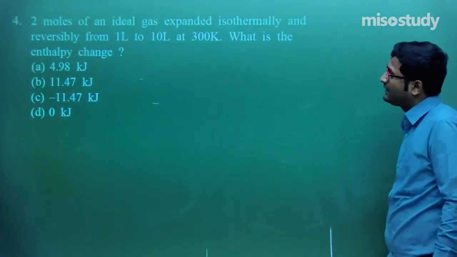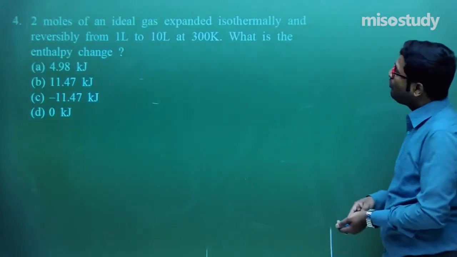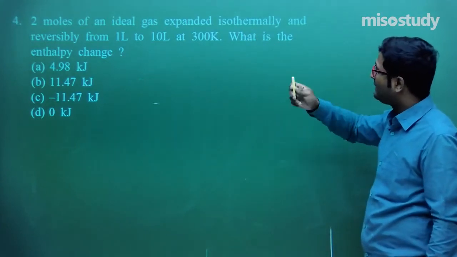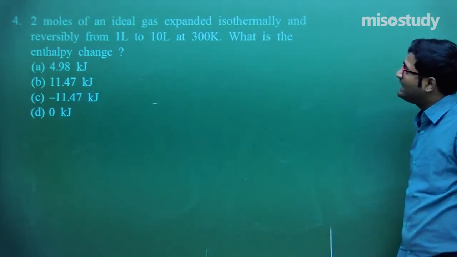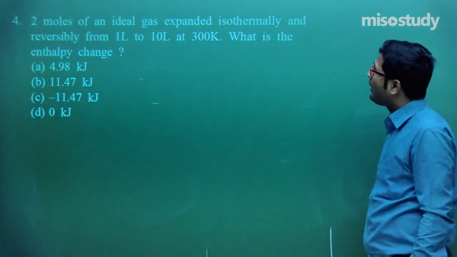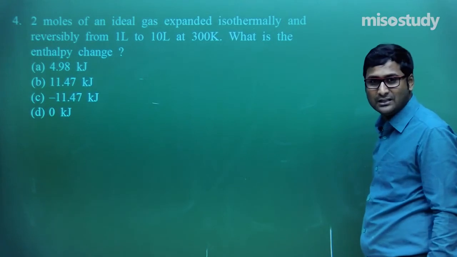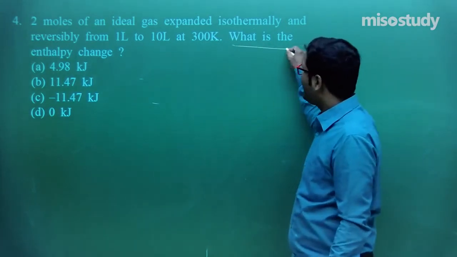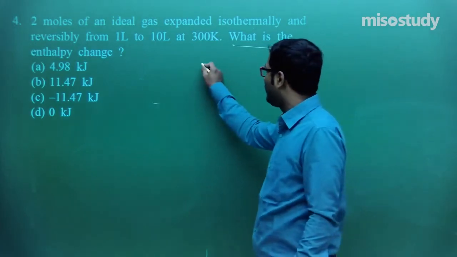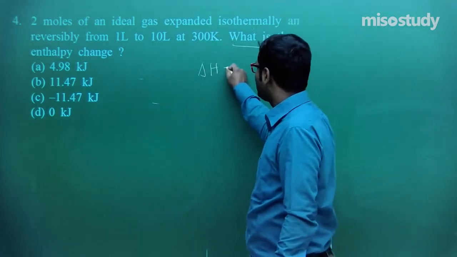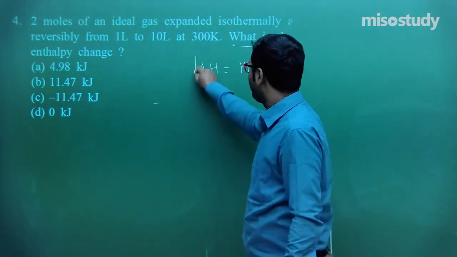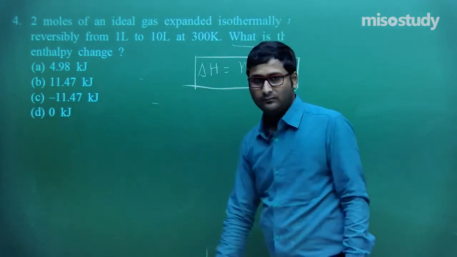Wait for a moment. The next question, look at it. 2 mole of an ideal gas expand isothermally and reversibly from 1 liter to 10 liter at 300 Kelvin. What is the enthalpy change? We have to find the value of enthalpy change. We people know delta H is equal to nCp delta T. Remember this expression?